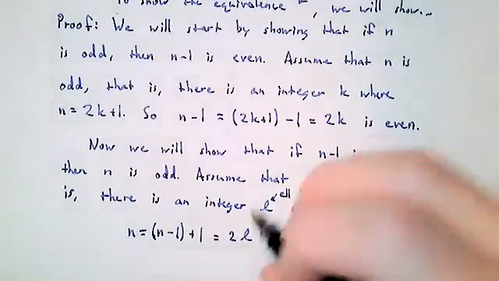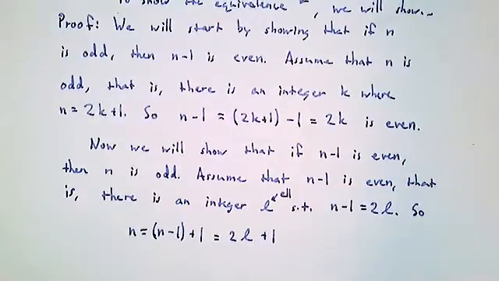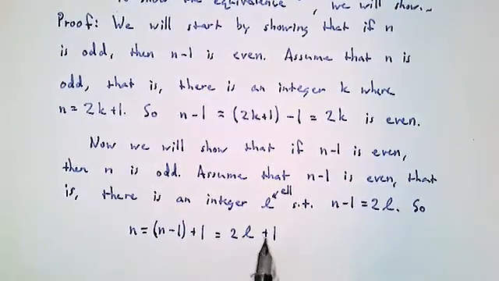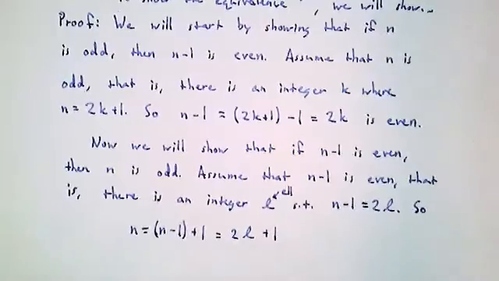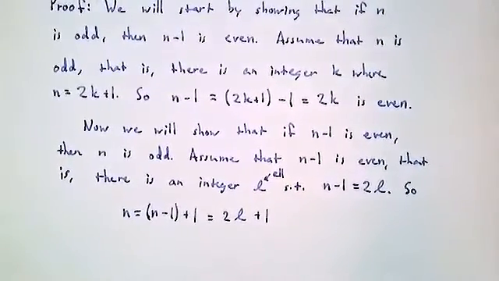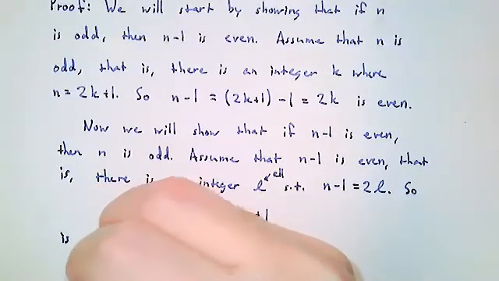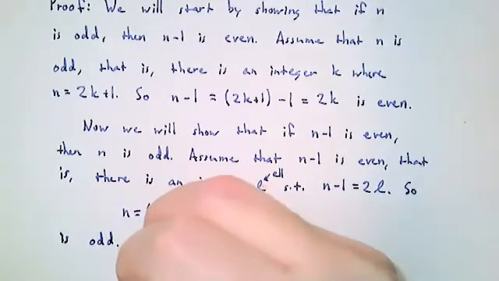And then copy down the plus 1. So n is equal to 2L plus 1. And now we know it's odd, because it's 2 times an integer plus 1. And that's all we needed.